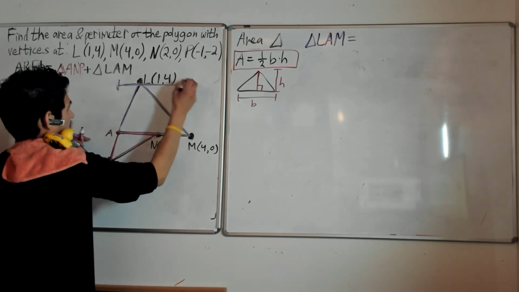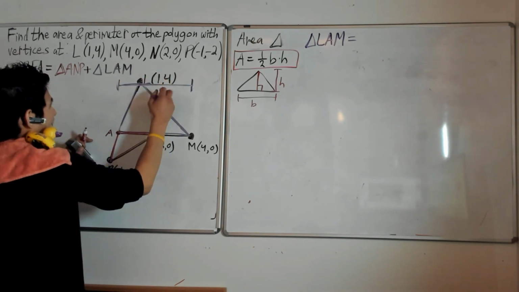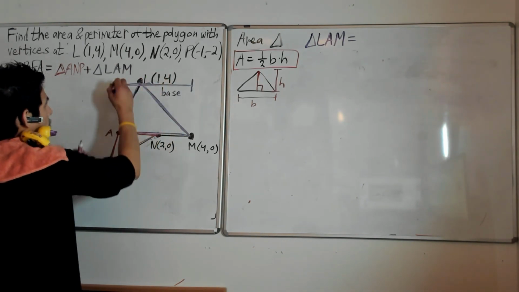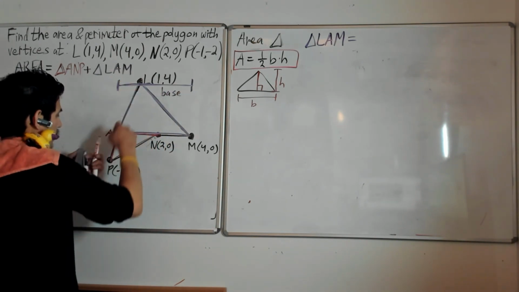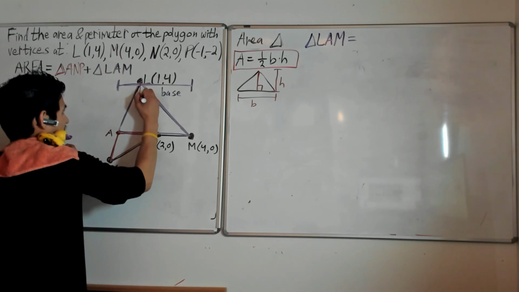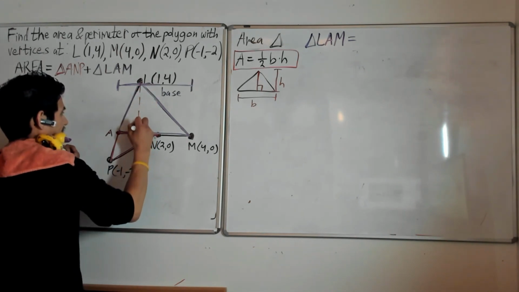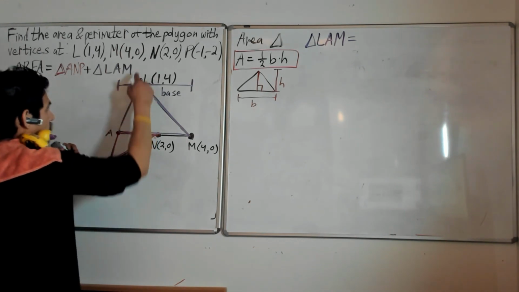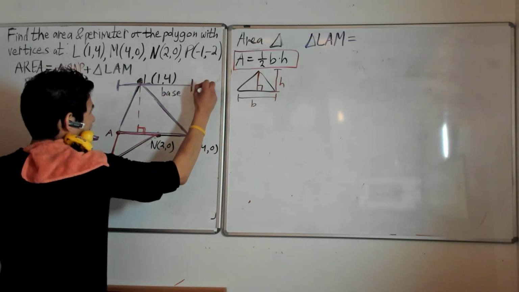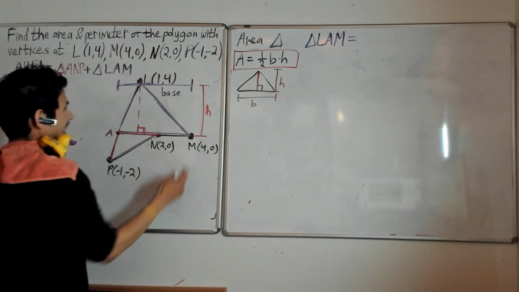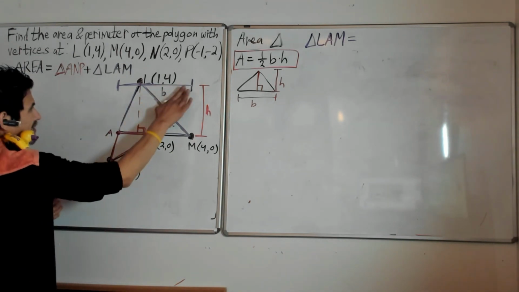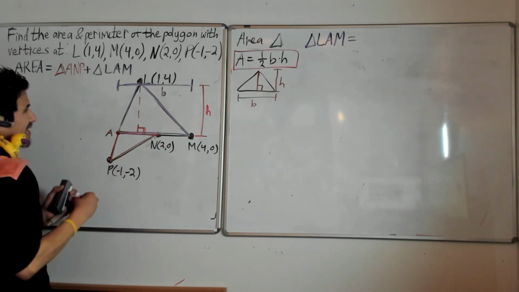This length right here will be our base. And the length from here to this part right here, this will be our height. Call that h. Call that b and h.